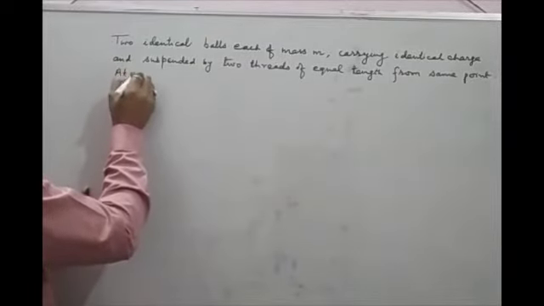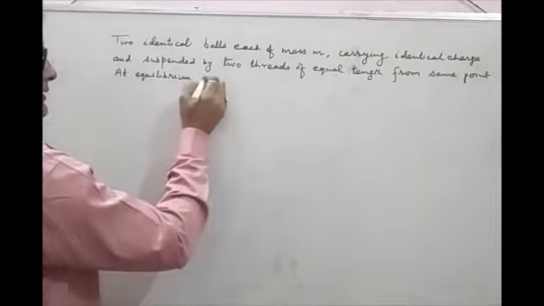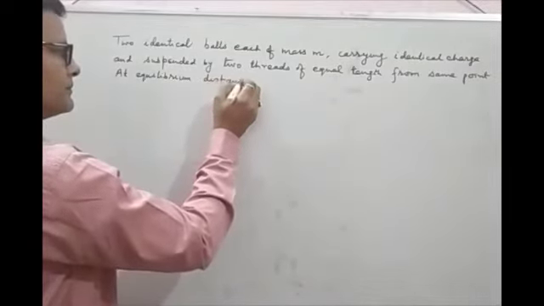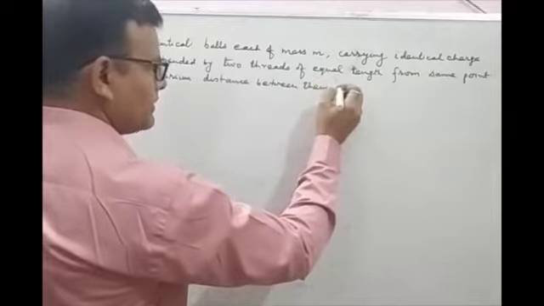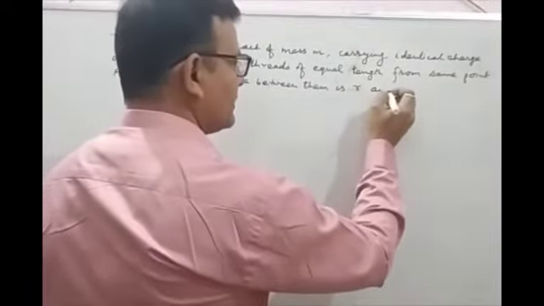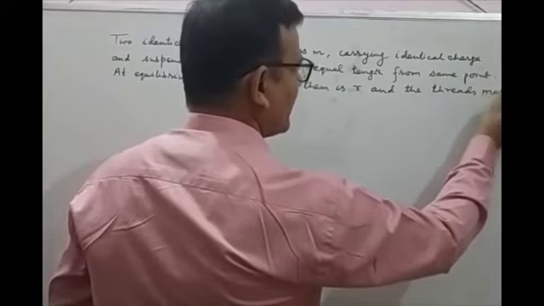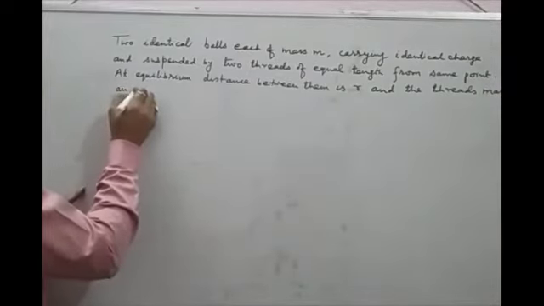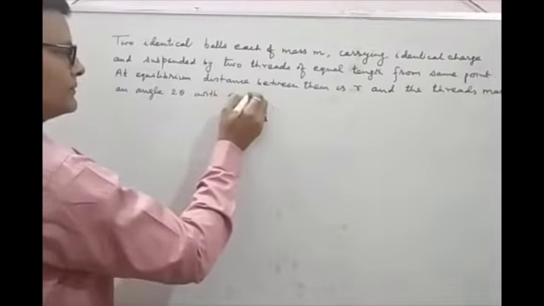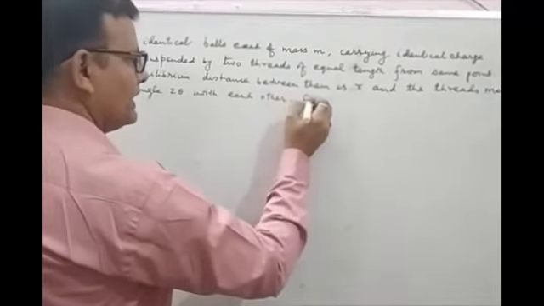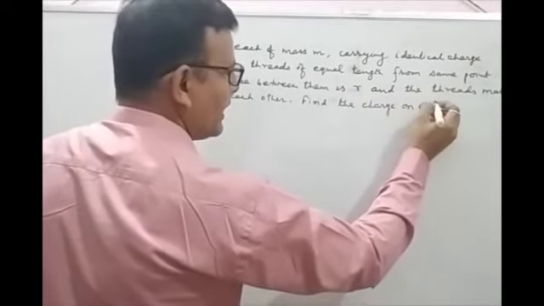At equilibrium, the distance between them is r, and the threads make an angle 2 theta with each other. Find the charge on either ball.